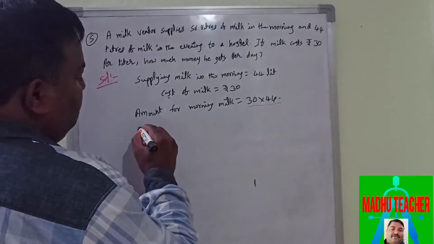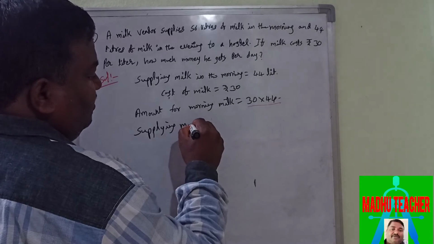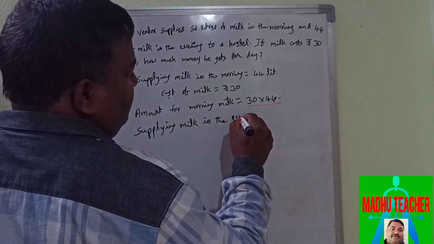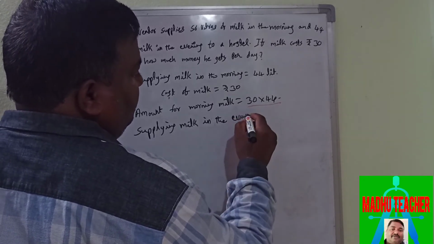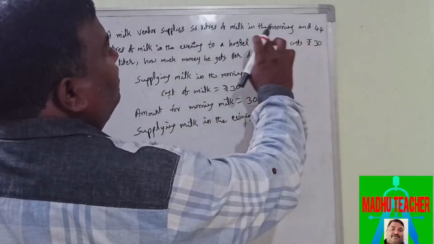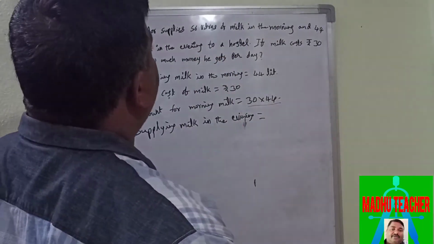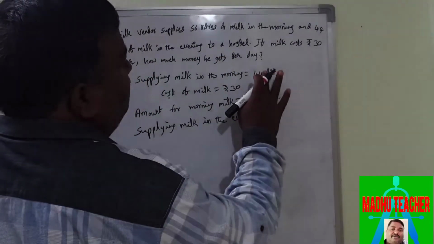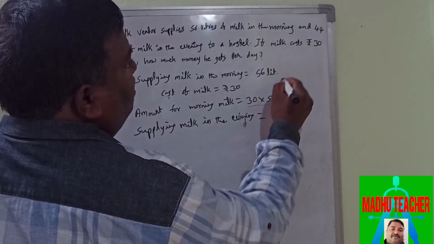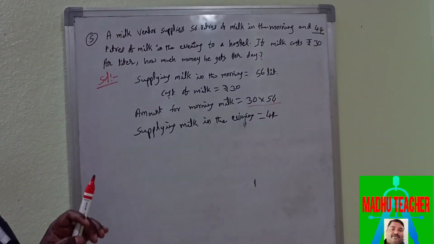Next, supplying milk in the evening. How much is supplying? Morning 44 liters. In the evening, supplying 56 liters.